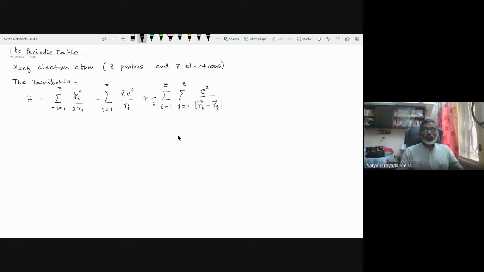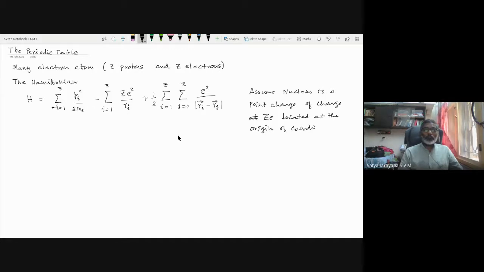So here, assume the nucleus is a point charge of charge Ze, located at the origin of the coordinate system.